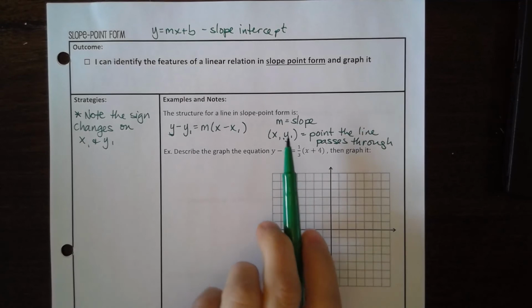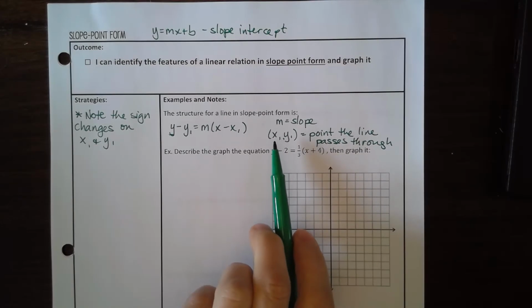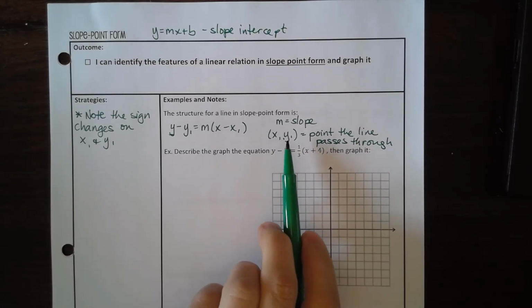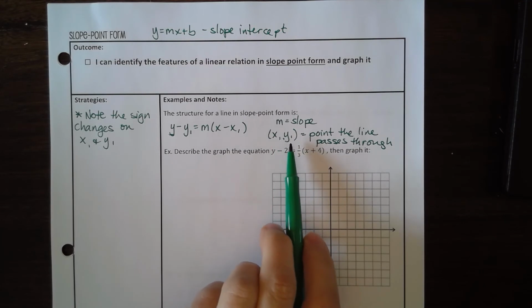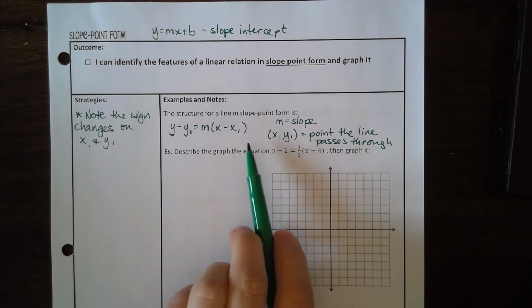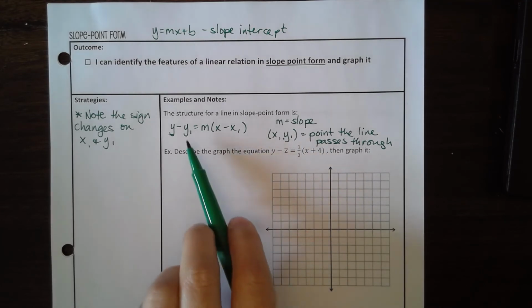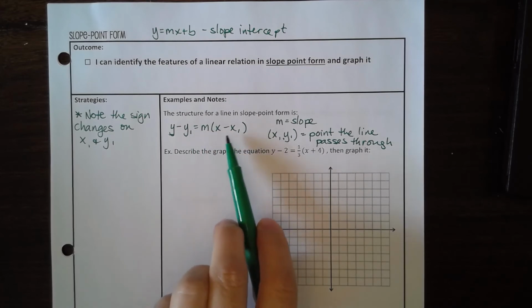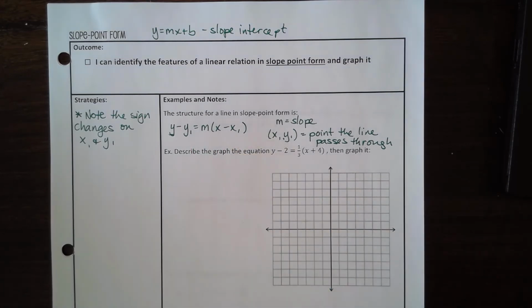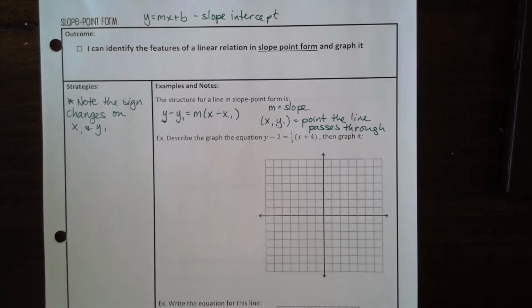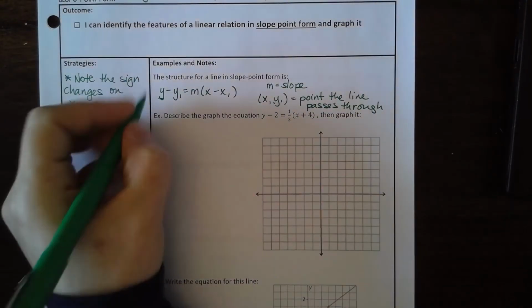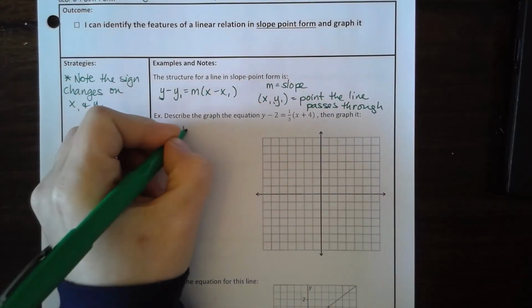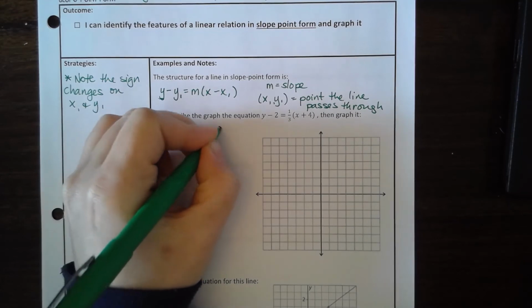What I mean is that the x value and the y value in my ordered pair, this point, change signs when I put them into this structure. If that doesn't make sense just yet, let's take a look at this example and see how it works. Okay, y minus 2 equals 1/3 (x plus 4).